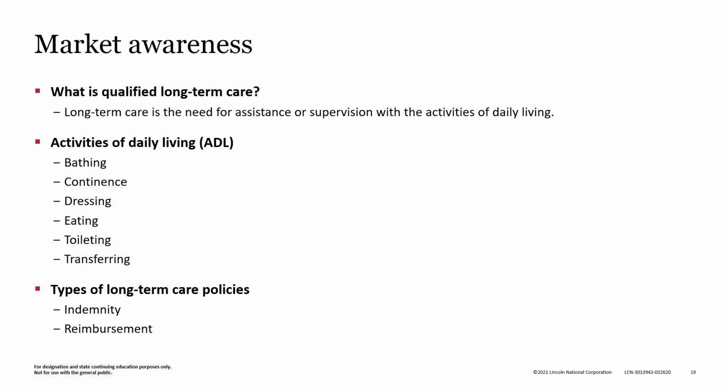If you need help with at least 2 of these, and if you think about 2 of these, getting dressed or transferring to and from the toilet, we may also need help bathing. Typically, if you need help with 2, you're probably going to need help with 3. One of the interesting things is when we think about our life, one of the very first things that people do for us is bathe us.